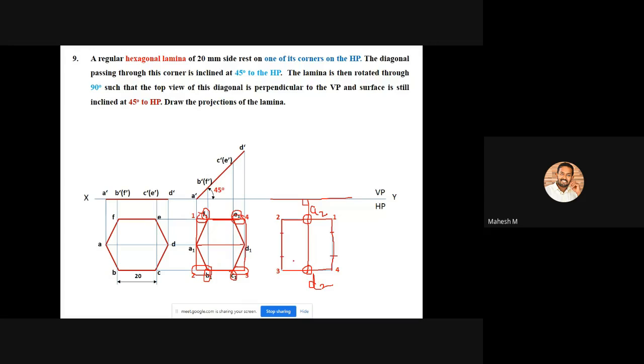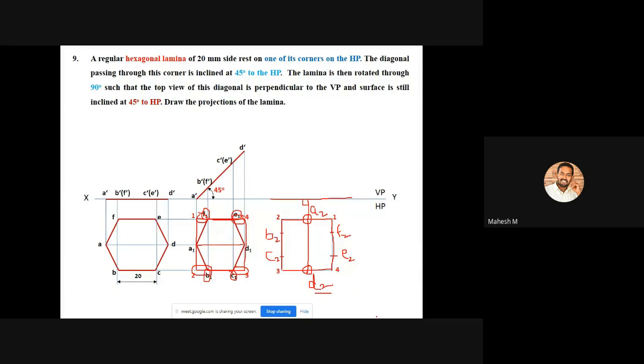So now you got all the required 6 points, and you can do the dimension. So we have already marked A2, and you can mark this as B2, and you can mark this as C2, and here it is D2, and mark here as E2, and here as F2.